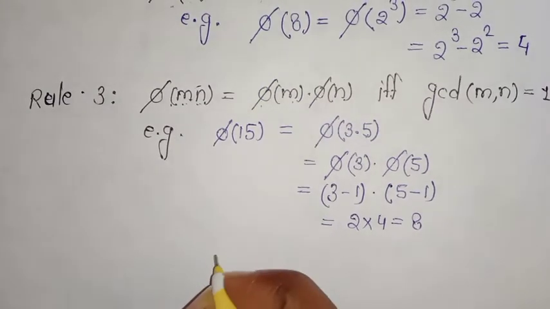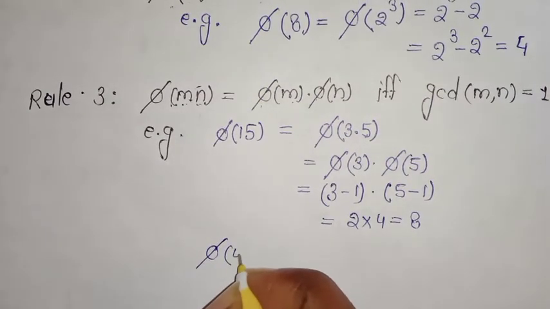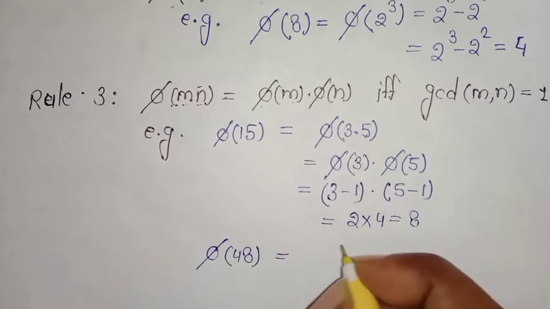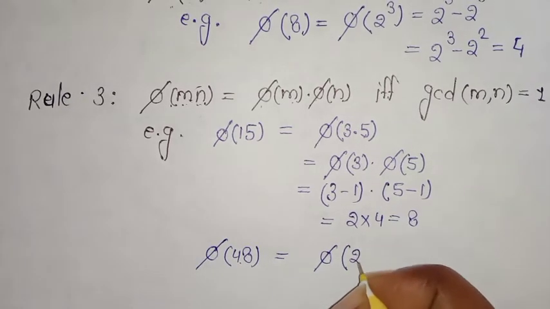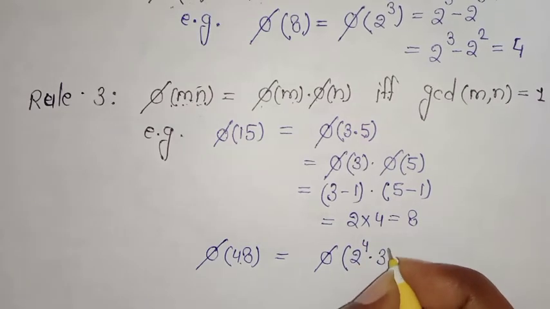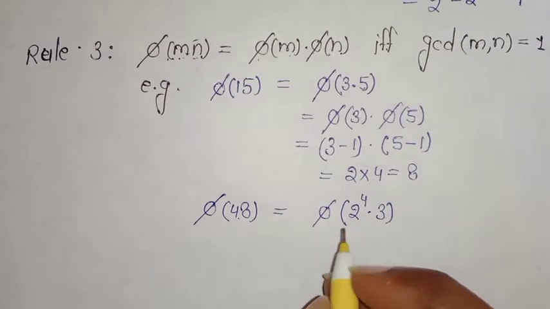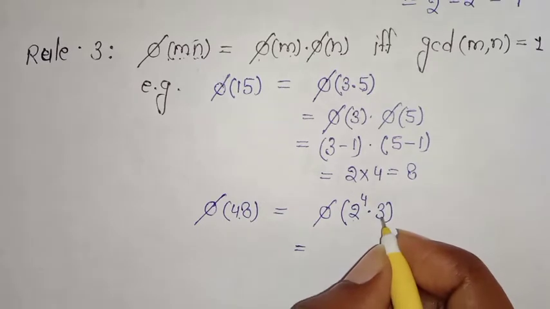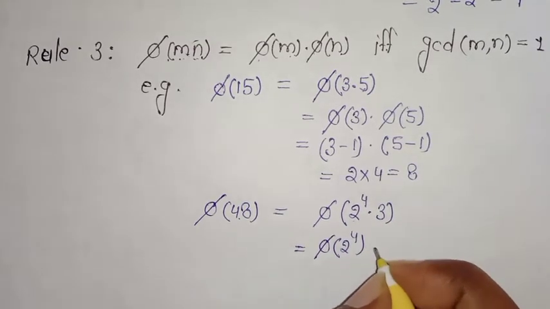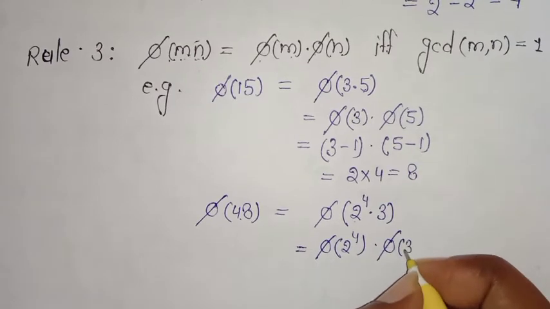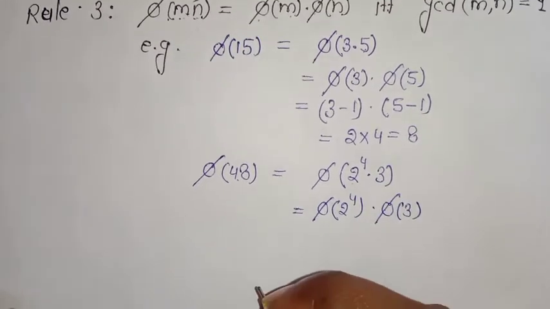Now I am taking one more example, phi of 48. If we write it in prime powers, this can be written as 2 power 4 into 3. Now we will apply our formula. Since 2 power 4 and 3 are relatively prime to each other, we can write it as phi of 2 raised to power 4 times phi of 3.